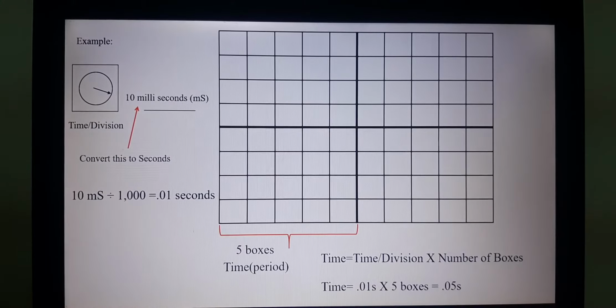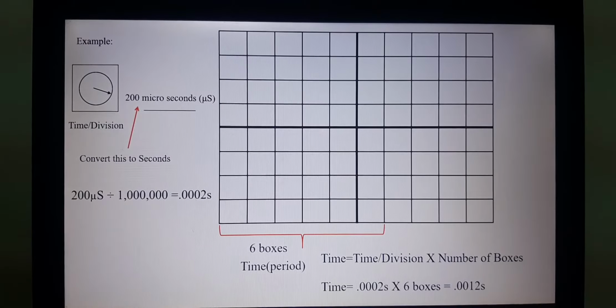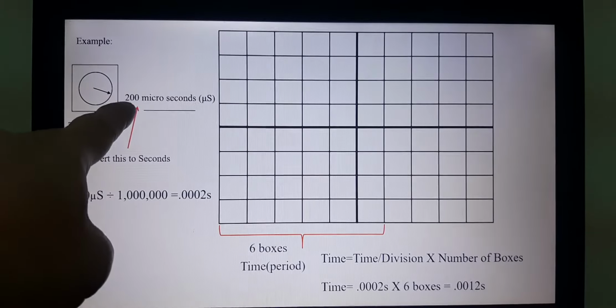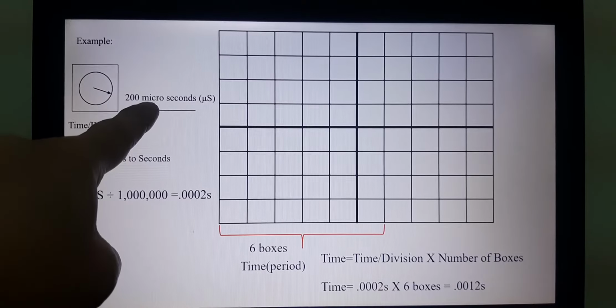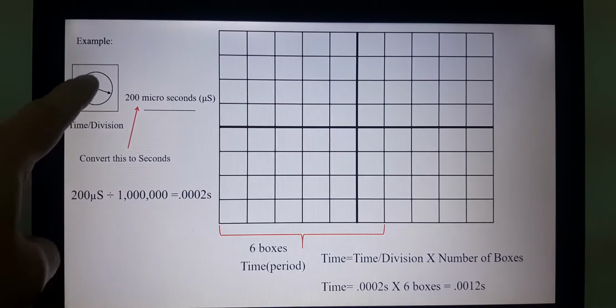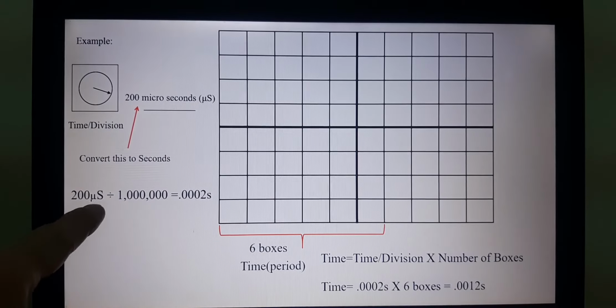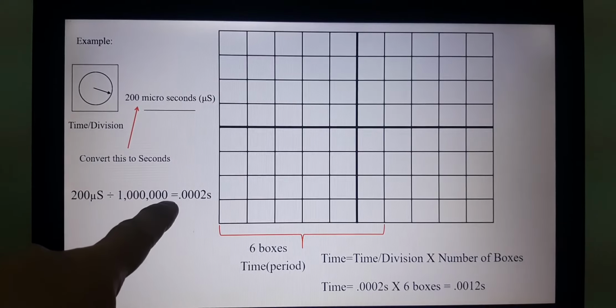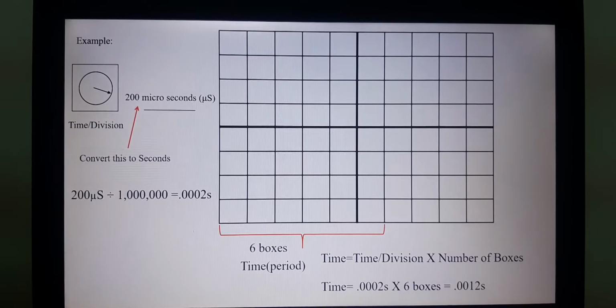Okay, then another example: our time per division knob is set to 200 microseconds. Let us convert these 200 microseconds to seconds. So 200 microseconds divided by 1 million is equal to 0.0002 seconds.